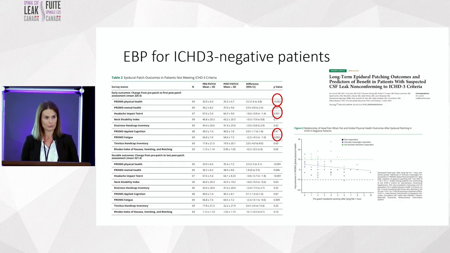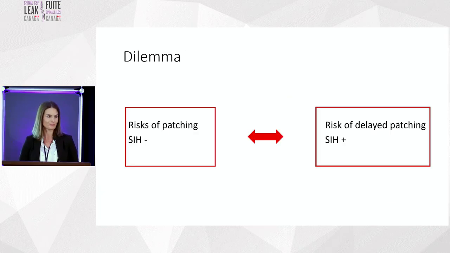There was a very recent prospective study by Dr. Carroll on 85 patients. I don't want to explain all the details yet because that's the next talk. But the conclusion of this study was that of these 85 patients, 85% were, according to the definition, negative for SIH, and still responded clinically very well to these epidural blood patches.